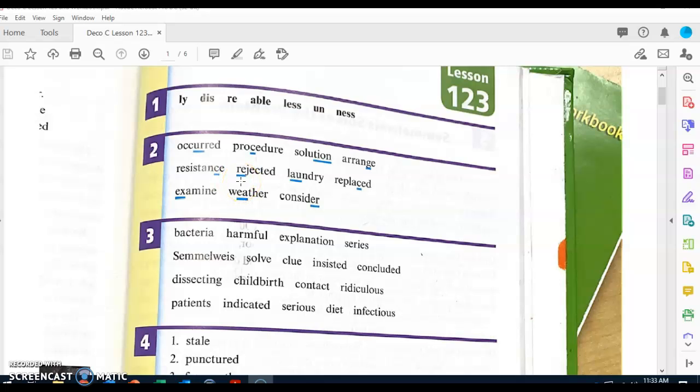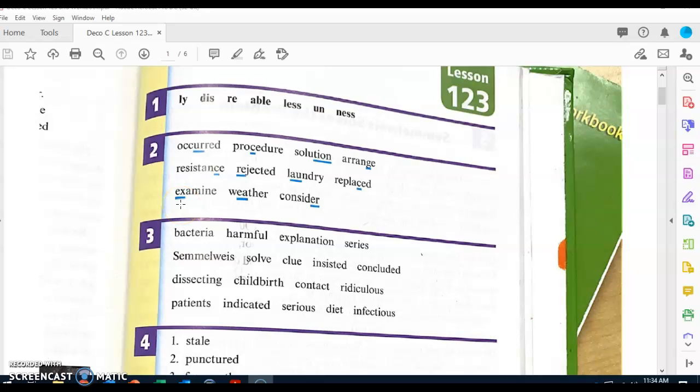Next word. What is the underlined part? What word? Rejected. Next word. What is the underlined part? What word? Laundry. Next word. What is the underlined part? What word? Replaced. Next word.